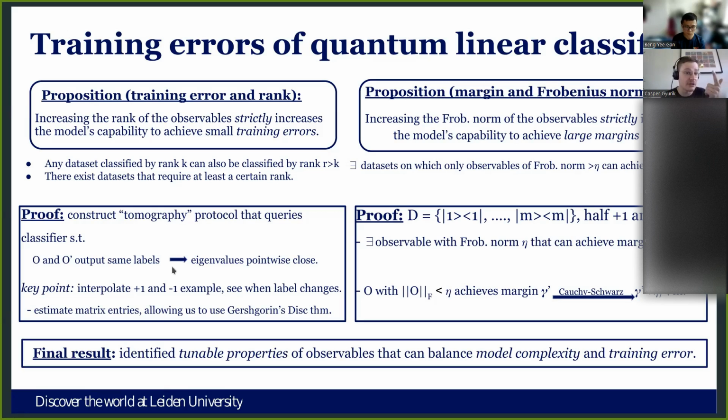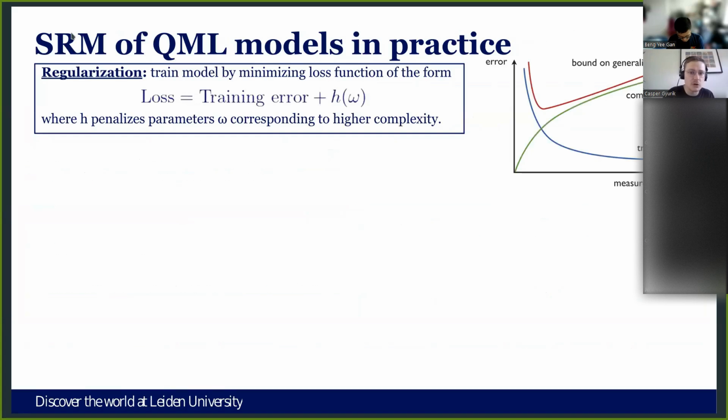So if you believe in structural risk minimization, if you believe this is the thing that's going to increase the performance of your model, maybe you're using other techniques as well, but suppose you want to sprinkle in a little bit of structural risk minimization, then one way of doing it is by looking at this quantity r and seeing if you can design your model such that r is limited, or how it behaves, basically. And if you can identify properties that help you tune r and tune eta. So how does this look in practice?